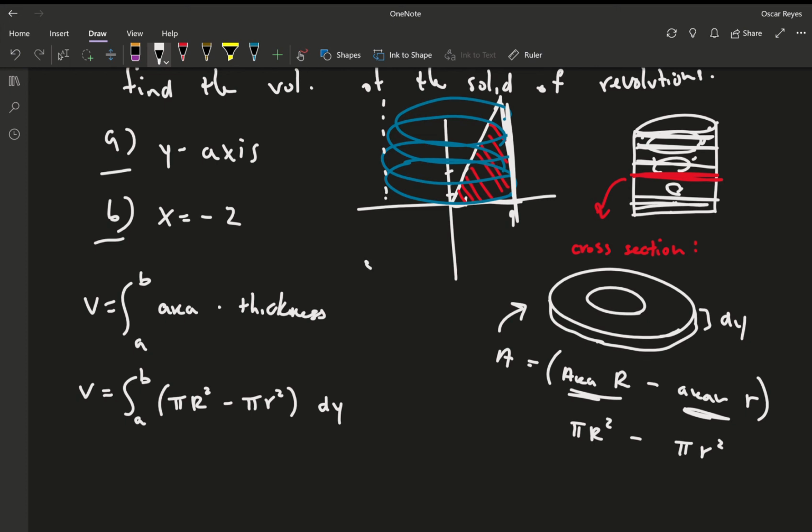So we know that our big R is going to equal 9 at all times, as we go higher, if we look at cross sections higher or lower than what we did, and our big radius equals our large circle.